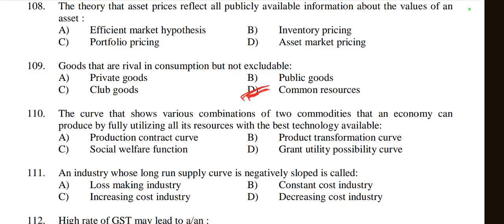They are rival in consumption, meaning one person's use reduces availability for others, but we cannot deny others. So it is called common resources.